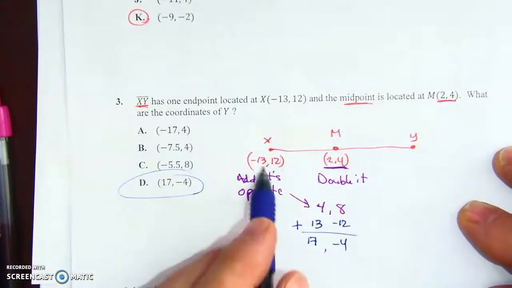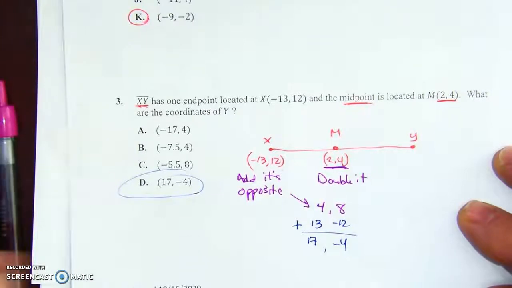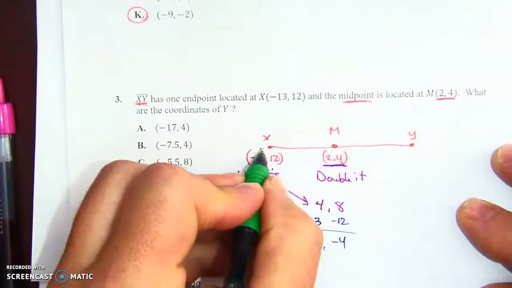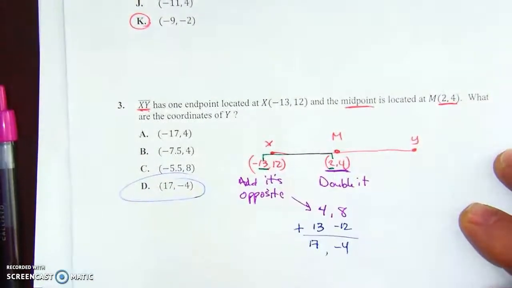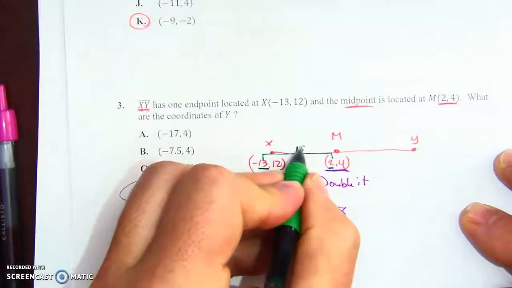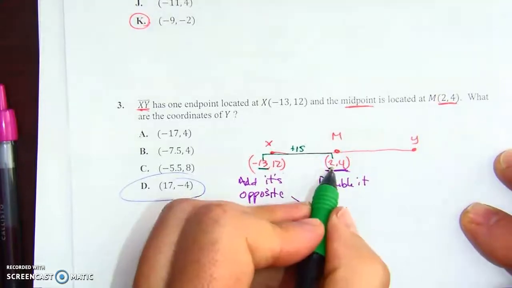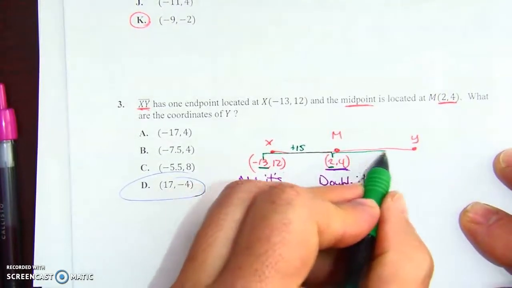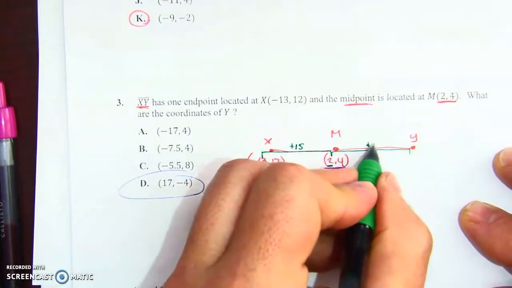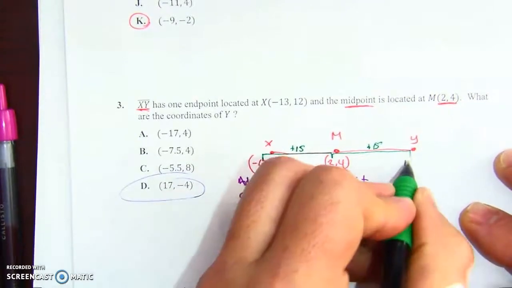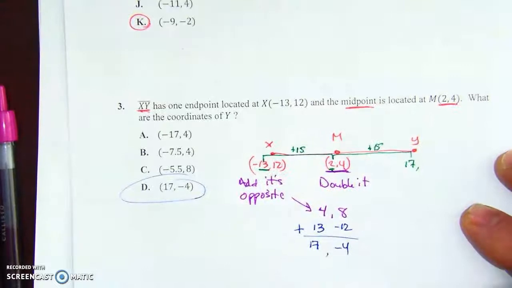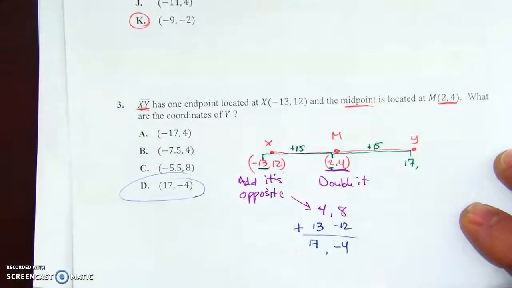The other way to do it is noticing here that if you look again, going from negative 13 to a positive 2, that means we're going up by 15, so I put a plus 15. And that means I would go again, I would draw another thing, I would go a plus 15 on this side, so I would add 15 to the 2, which would give me a 17. Looking at the other one, we'll do this one in pink.